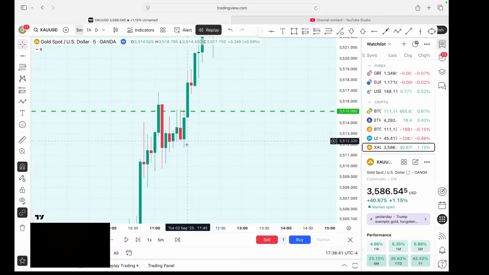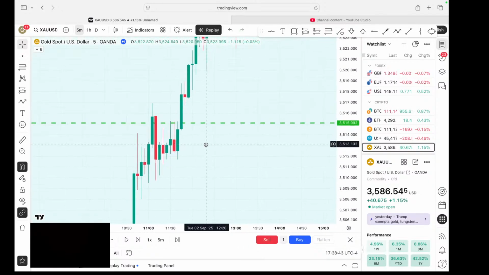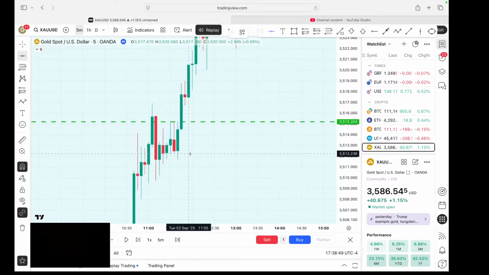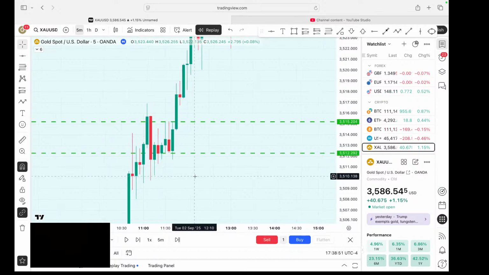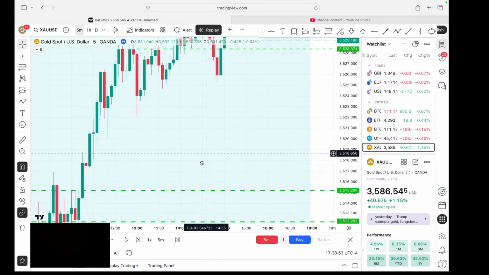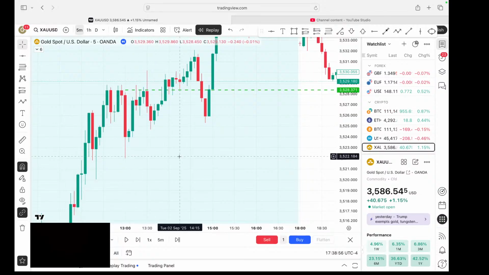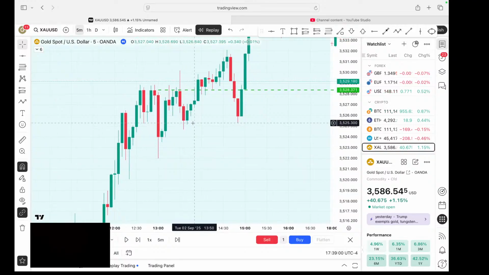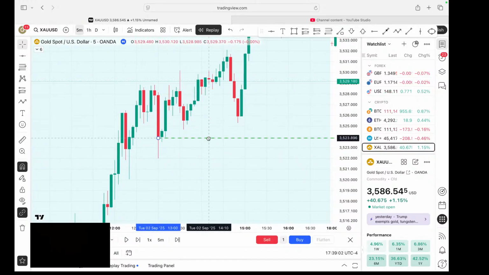All right, so we can see right here, we got some support right here between this point and this point right here. All right, and then we have support right here in this area as well. So we could just mark this up.